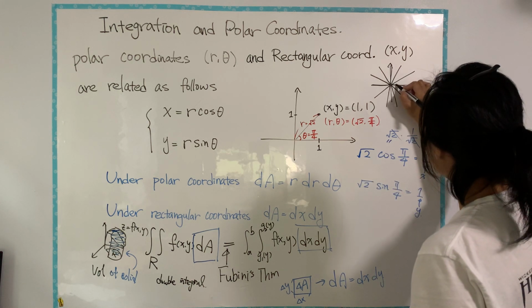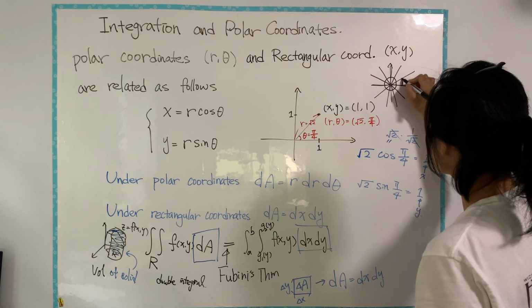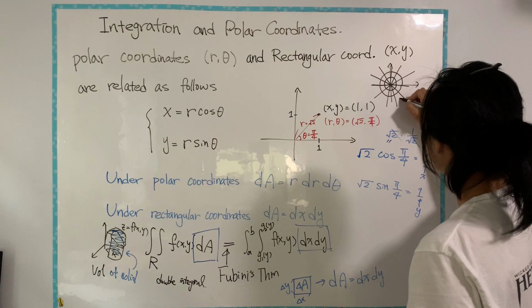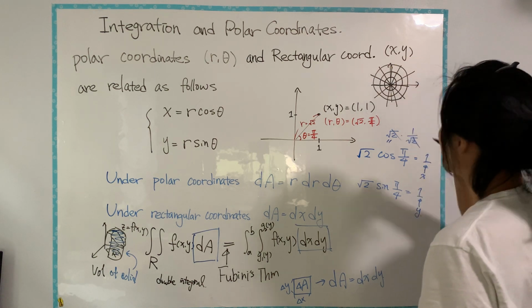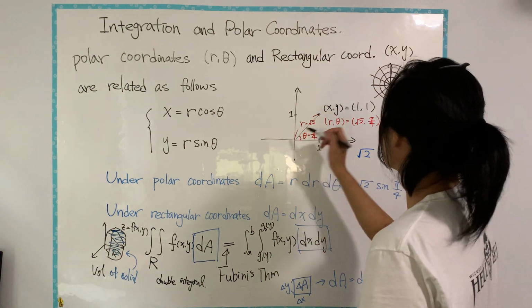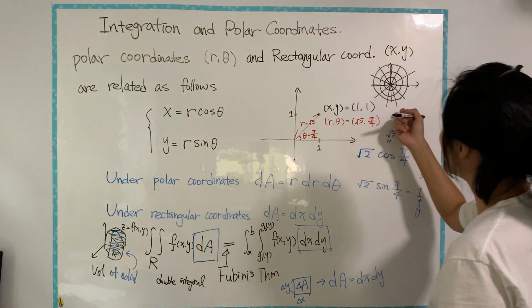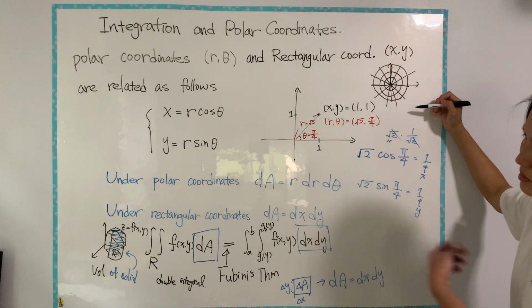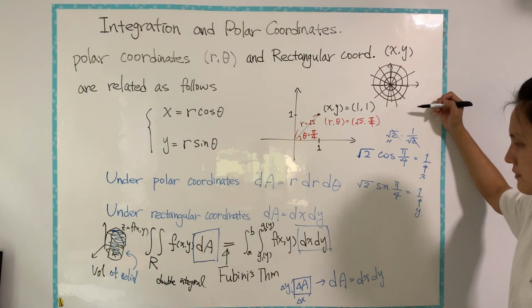Different radius r gives you circles like that. So you can see that the partition under the polar coordinates is different.